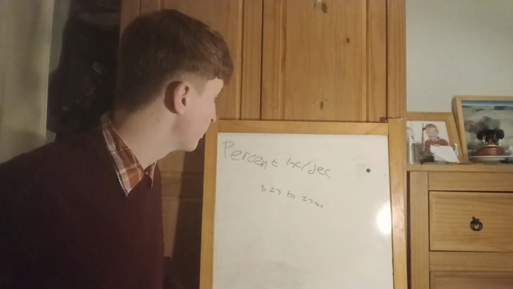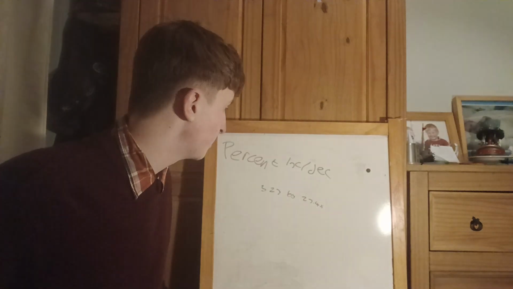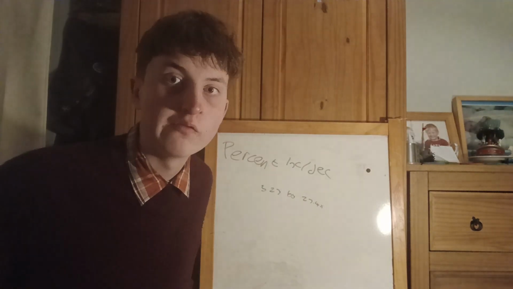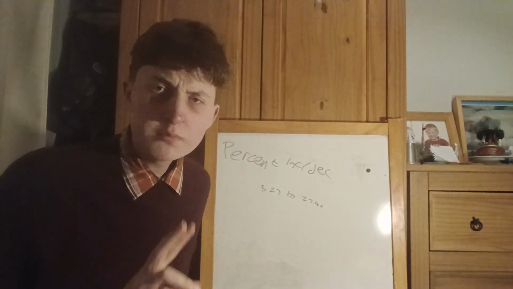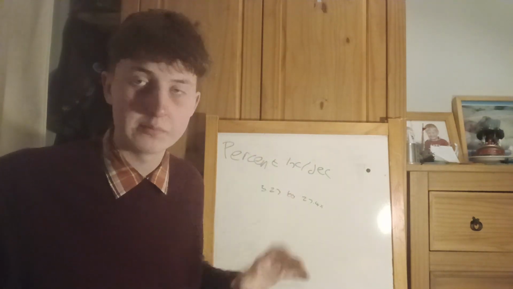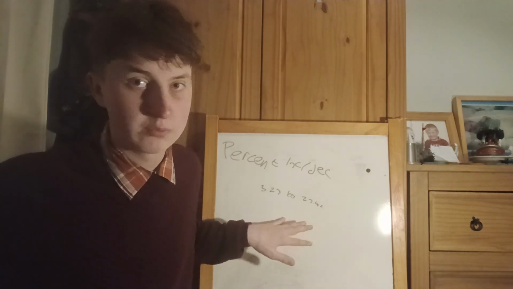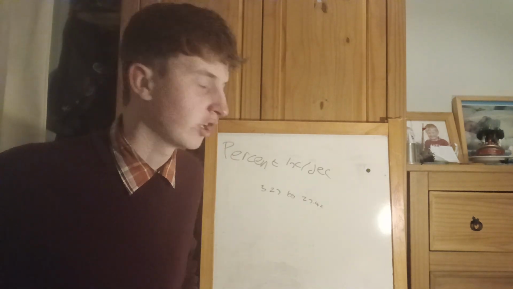Right, sticking with the same question for ease, we're going to be decreasing £323 by 27.4%. There are two methods we can do. I'm going to talk about the other one, but cover the main easy one. The other one is to match the previous one, where we find 10%, 1%, and it just takes too much time.